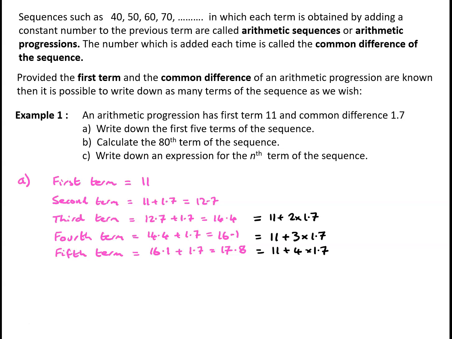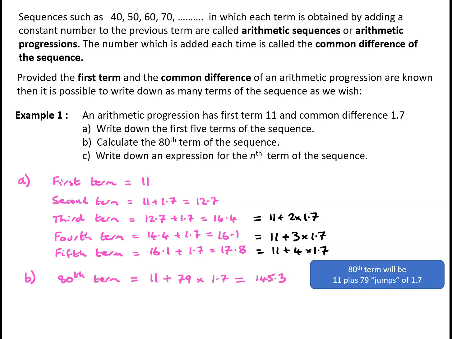This enables us to write down that the 80th term of the sequence is going to be 11 plus 79 jumps of 1.7. So the 80th term is 11 plus 79 times 1.7, which will be 145.3.